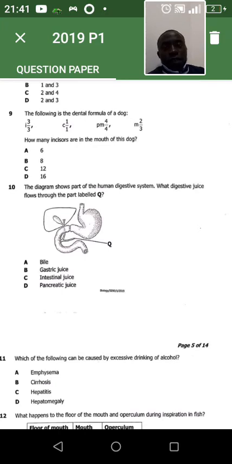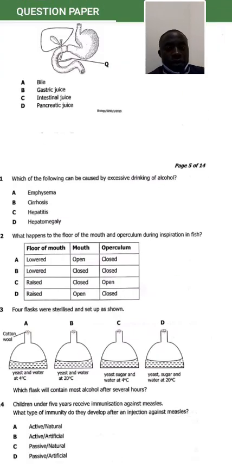Bile is secreted in the liver and stored in the gallbladder. So the question is saying what digestive juice flows through the part labeled Q. So the correct answer there is A.